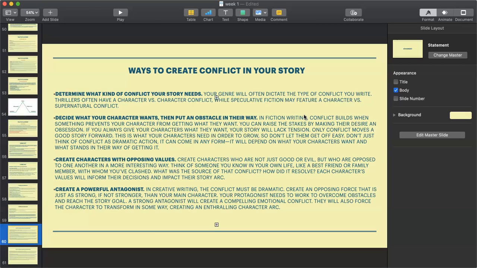Means the emotion again. If the monster is too powerful, then the hero who is going to kill the monster will be afraid, and it creates that emotional conflict, right?